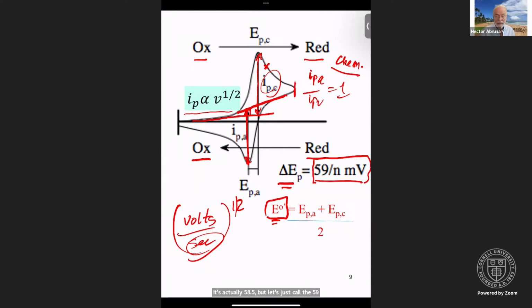For a system that is diffusion controlled, the peak current will scale as the square root of the sweep rate. And so our metric for mass transport control is that if you make a plot of I versus square root of sweep rate, this would be linear. And from the slope, you can actually get the diffusion coefficient.